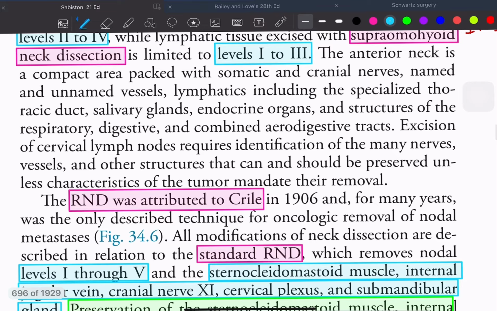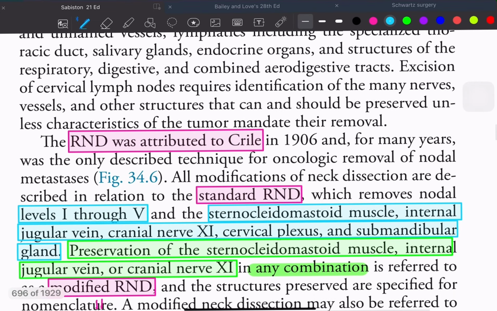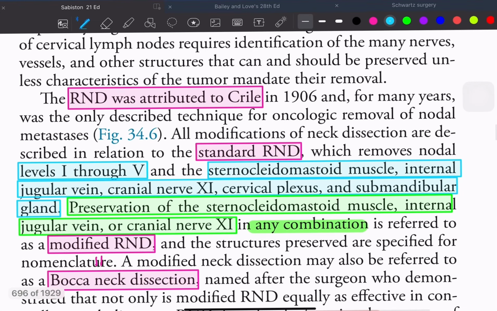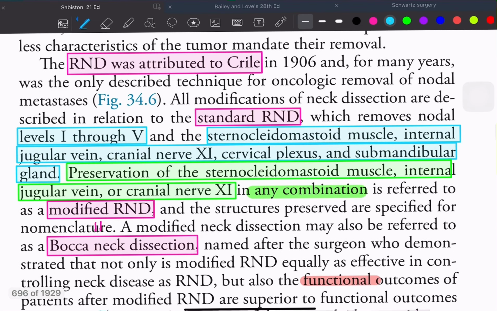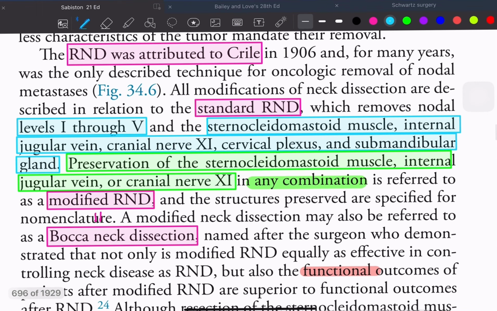Radical neck dissection is given by Crile. This has also been asked. One more time I want to tell: the standard radical neck dissection is the same as the classic.